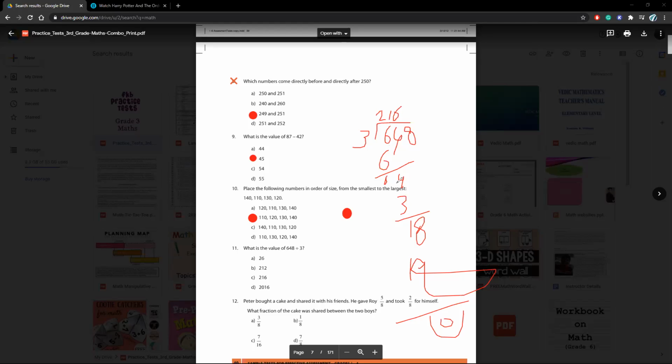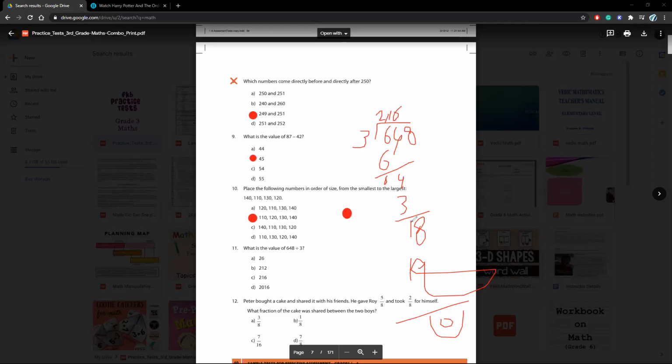There is no 4 in the 3 table. So we have to look at the closest one that is less, which means 3 times 1 is 3. So we put 1 over the top, second part, and then 4 minus 3, which is 1.